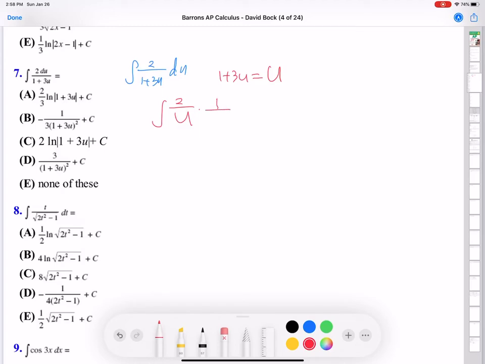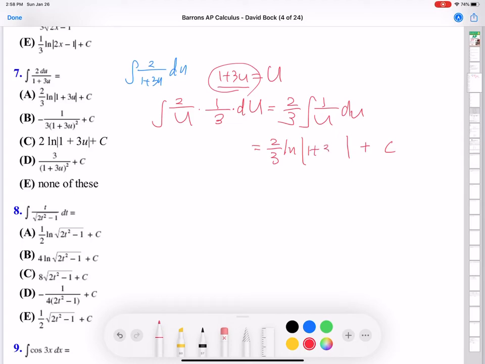So 1 over the derivative of U, which is 3, and dU, right? 2/3 is a coefficient, and then 1 over large U dU, and the integral of 1 over U is ln, right? So 2/3 ln absolute value of large U plus c. What was large U? 1 plus 3u. So this is the answer. Answer is A. A is the answer.